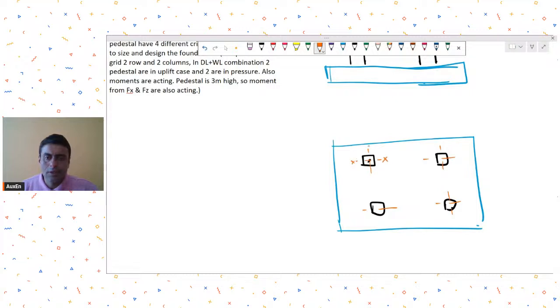So what you need to do in such cases is that, let's say these are the individual local axes of all these pedestals, xx or zz, whatever you want to call it.